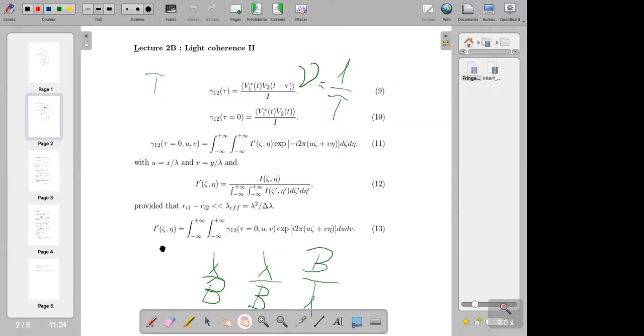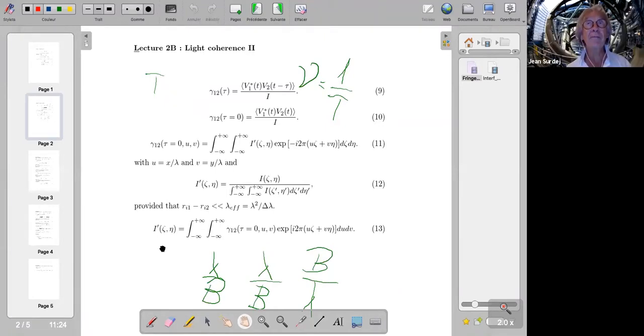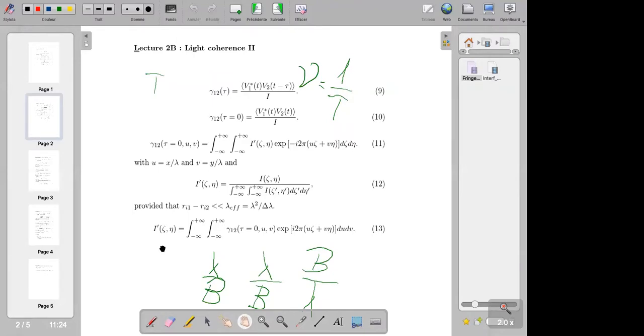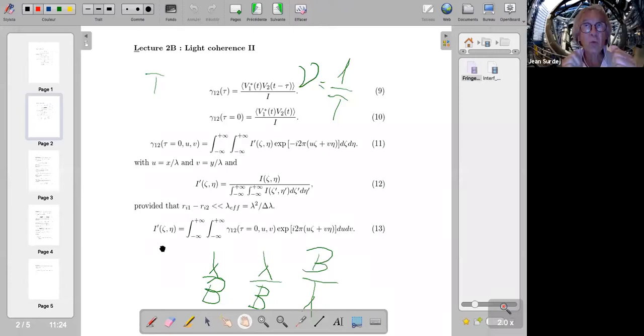As another example, I may tell you the following. With a single measurement, with just one single baseline, looking at a star, and you'd like to measure its angular diameter, in principle, just one single measurement would allow you to measure the angular diameter, because you have some a priori knowledge.